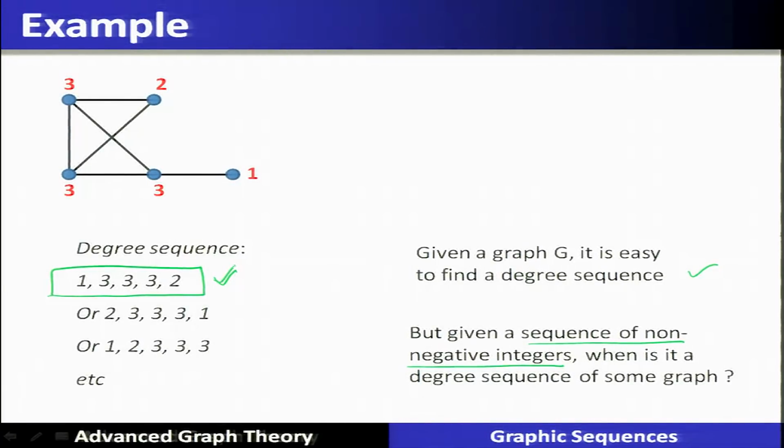If this sequence of non-negative integers represents a degree sequence of a graph, then it is called a graphic sequence. So, how do we find out whether this sequence of non-negative integers is a degree sequence of a graph or not?